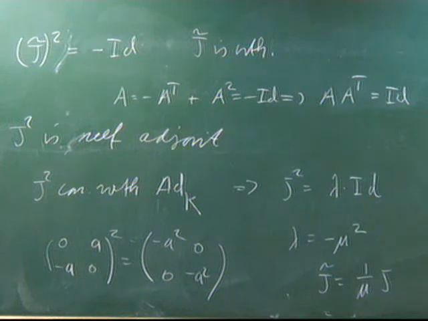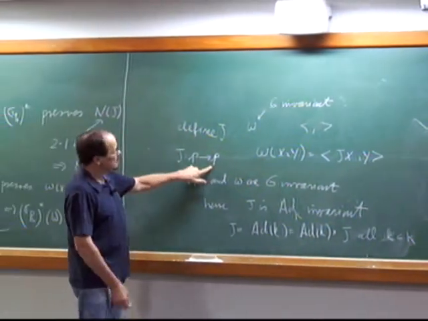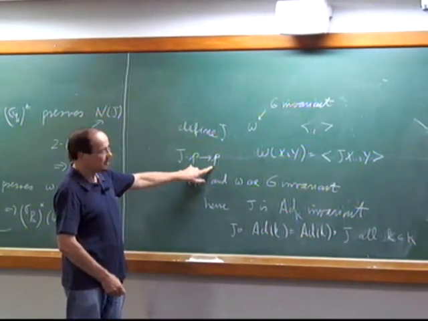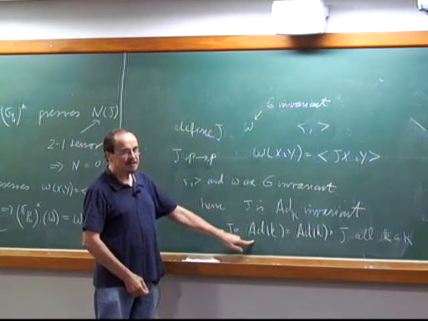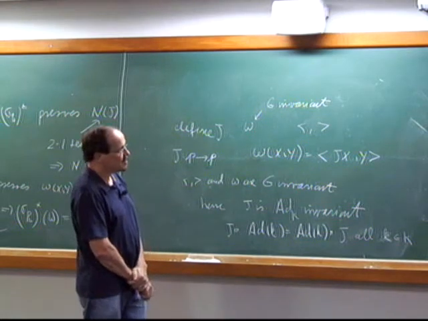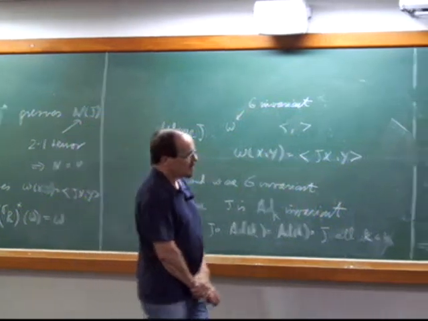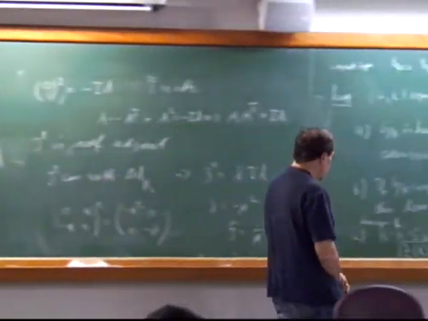So the J tilde, because I made it into a complex structure, and because it's skew adjoint, is orthogonal also. Now I'm done. Right? I have my complex structure on P here, my J tilde. I normalize it so everything works out. Right? It commutes with Ad K by construction, right? And that's all I needed. Ad K is complex linear, therefore it's a Hermitian symmetric space. That's kind of neat, right? A very weak condition on de Rham cohomology, and you already get a Hermitian symmetric space out of it.